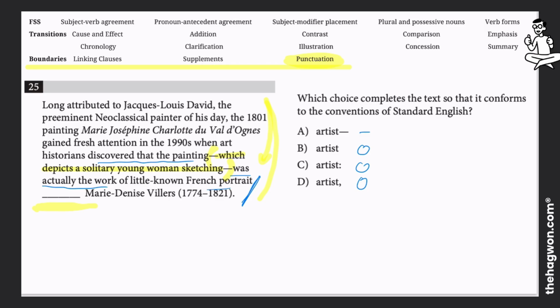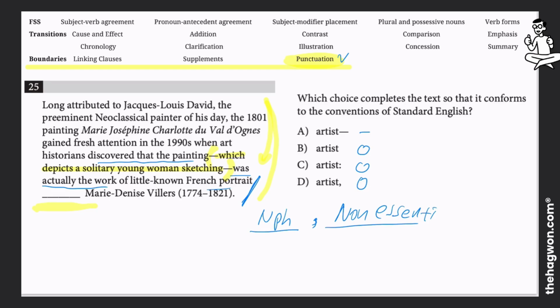And the convention based on the punctuation is that whenever you have a comma after a noun, or let's say a noun phrase, the moment that you put a comma after a noun phrase, this information becomes non-essential.